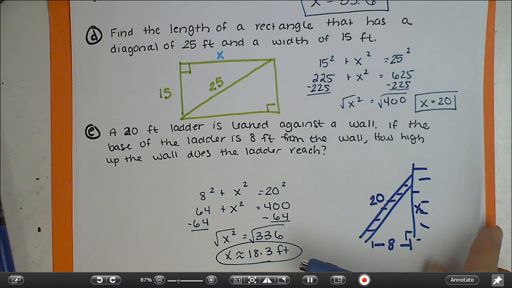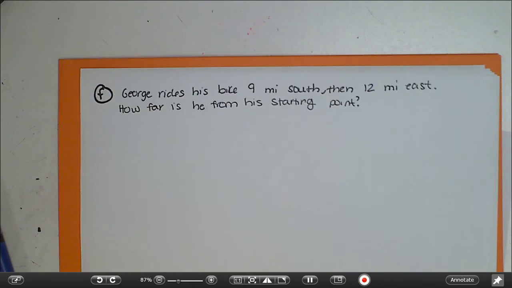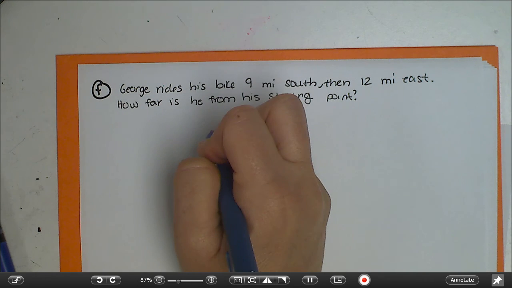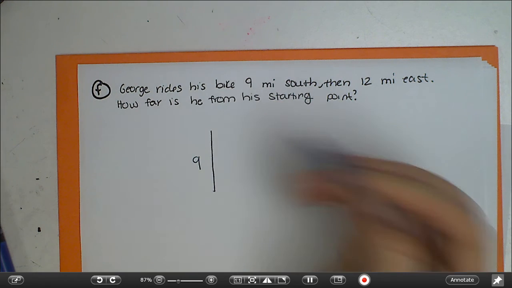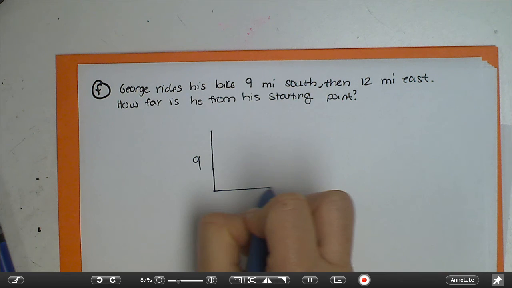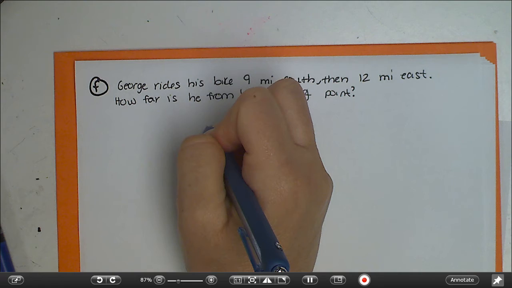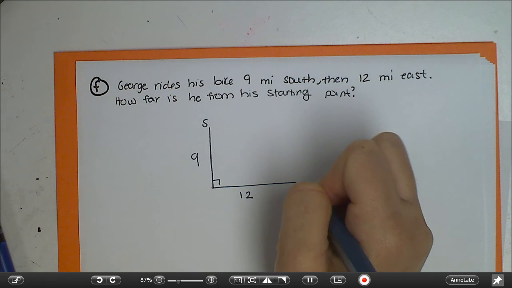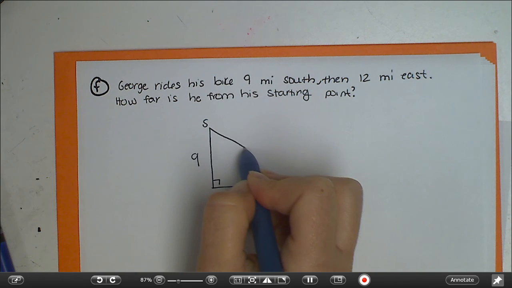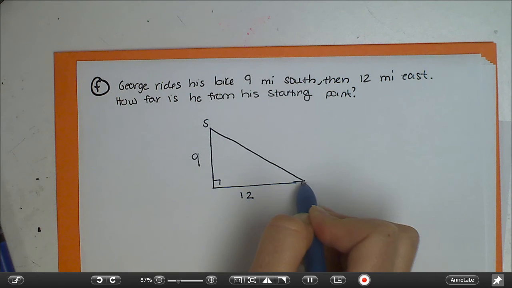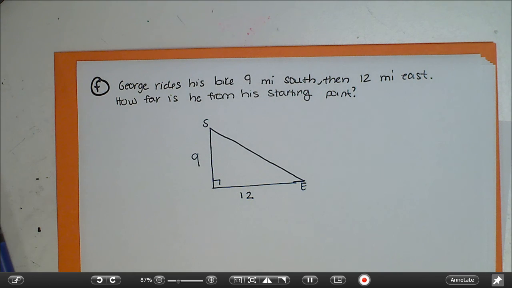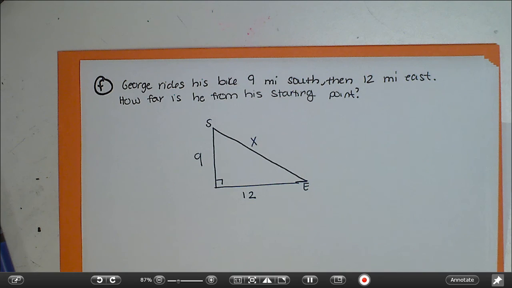All right, last one. George rides his bike. So he's on his bike and he goes 9 miles south, turns, and goes 12 miles east. And we want to know from where he started to where he ended, how far is he actually? And remember, distance is the shortest distance between 2 points. So we want to know this side, the hypotenuse.